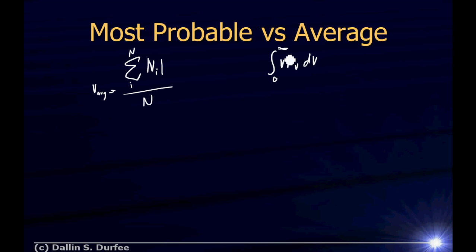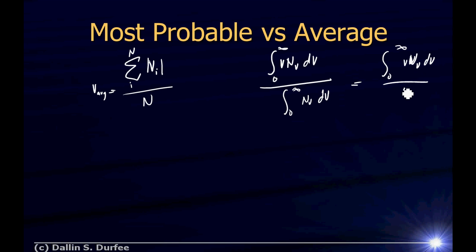So I'm weighting my integral with the velocity. That gives me a weighted average, but in the end I have to divide by the total number of particles, which also happens to be equal to this. So by doing this integral of v n(v) dv and dividing by n, that gives me the average velocity.